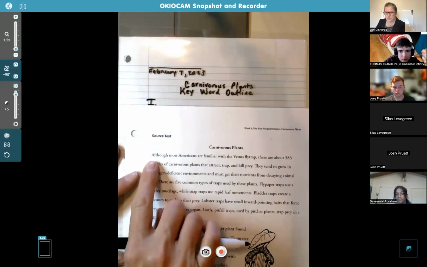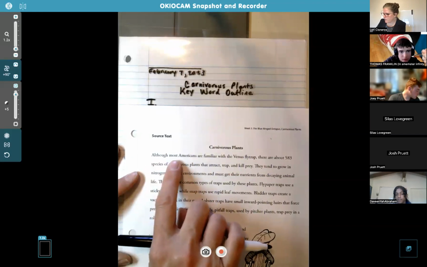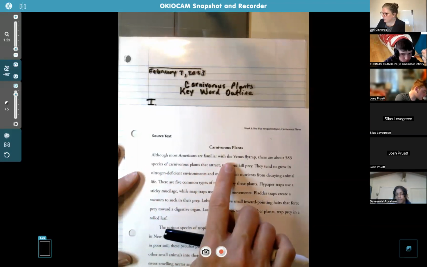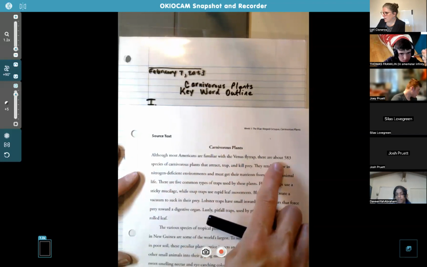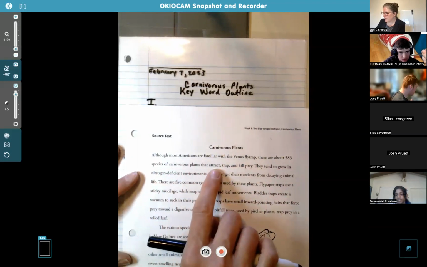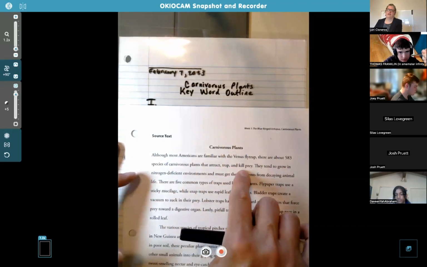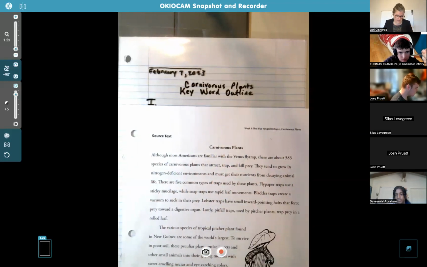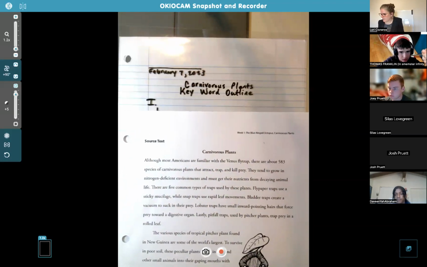So we're going to start with the first sentence here. It says, although most Americans are familiar with the Venus flytrap, there are about 583 species of carnivorous plants that attract, trap, and kill prey. All right, there's a lot of words there. And we can only write down 3, the key words, the most important words in that sentence to help us remember what that sentence is about.